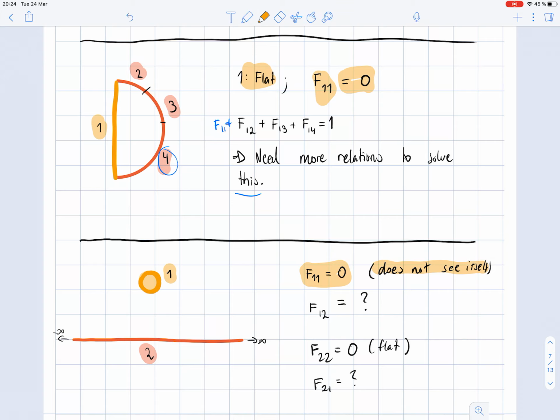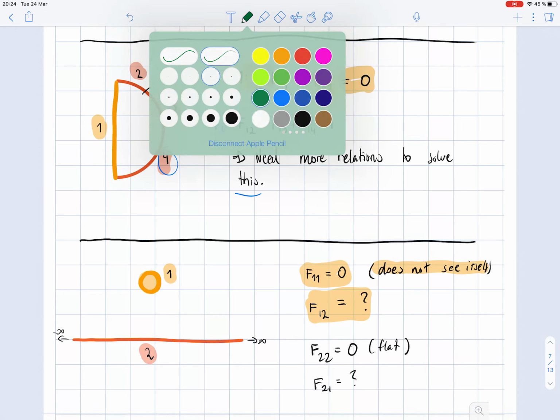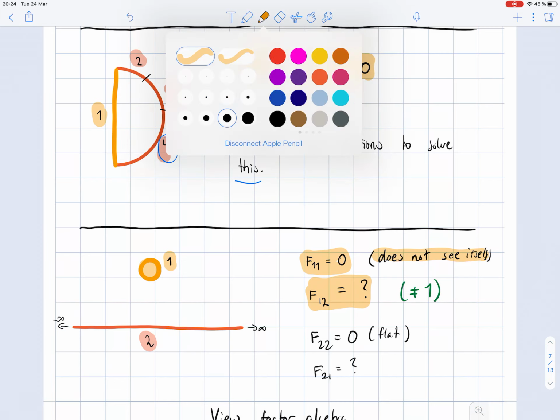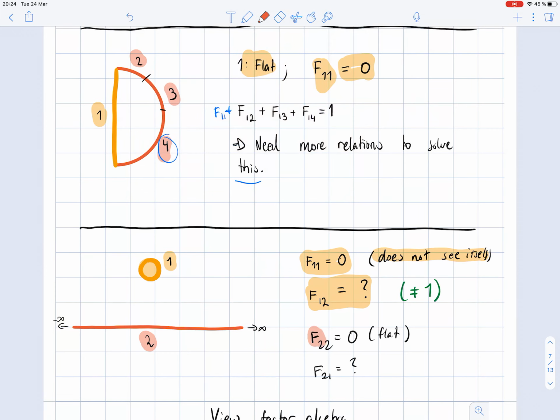What can we then say about F12? Well, I leave a question mark for now, but I can already spoil that it's not equal to 1. Same if we go for F22. Well, F22 is flat, so that has a self-view factor of 0. And again, what is F21?